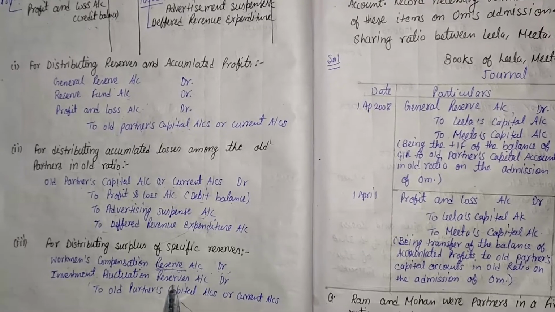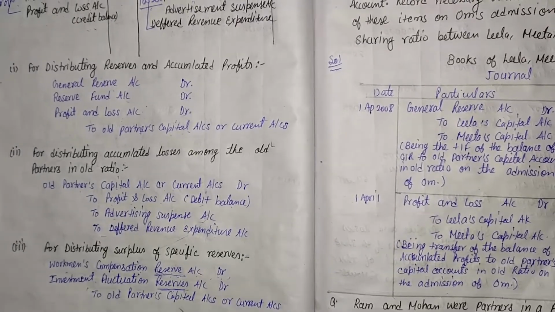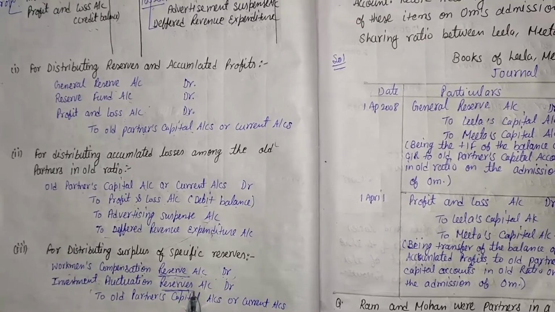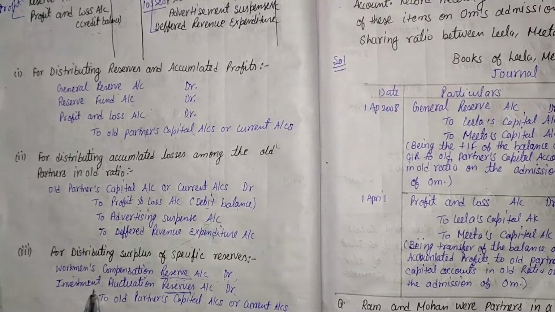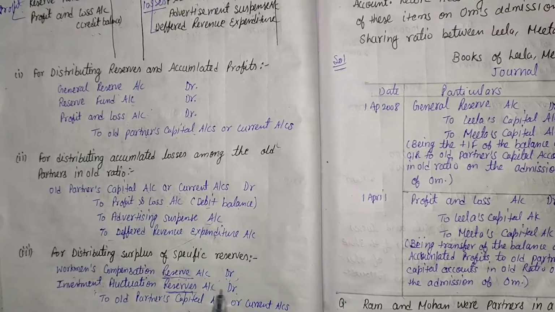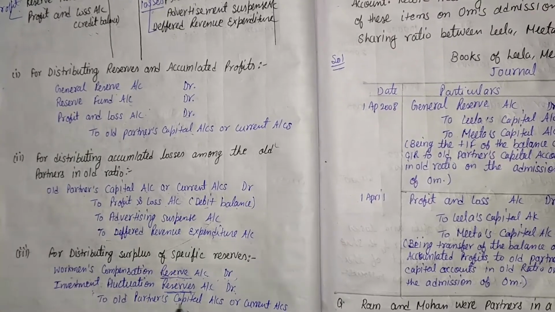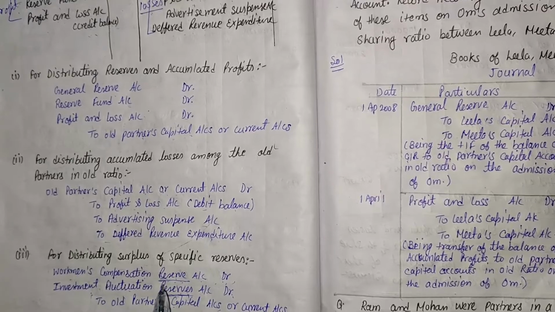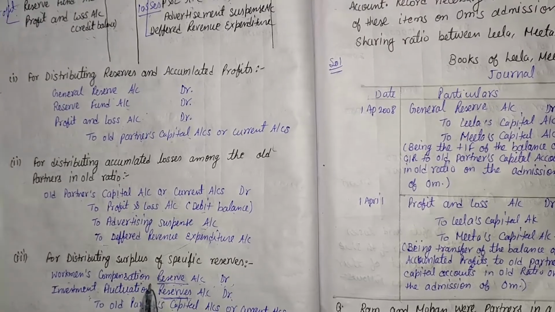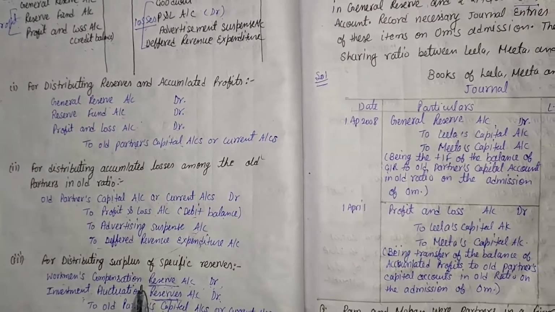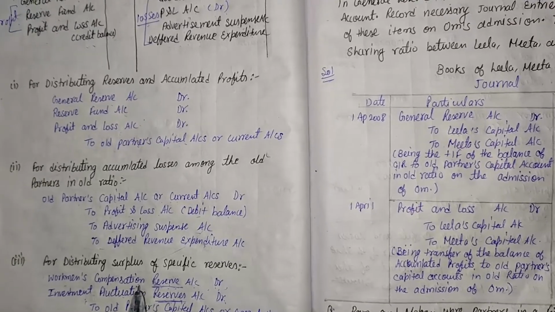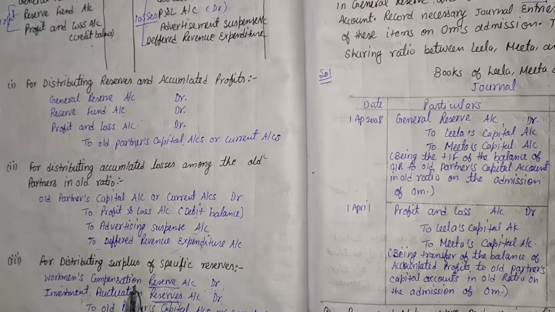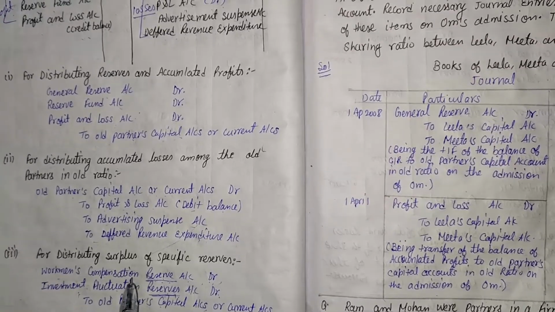Investment fluctuation reserve is also a type of reserve. It comes on the credit side and the reverse is debit, so it will be debited to the old partners' capital accounts. The only important thing is that if the balance is on the debit side, we should credit, and if the balance belongs to the credit side, we should debit. It means a reverse entry should be done.